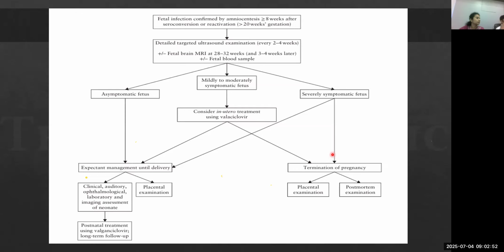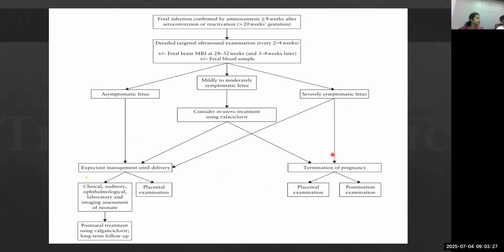This kind of patient we would hardly see, because we are not going to test on a routine basis maternal serology and then do an amnio for the fetus. But these are data from countries where they do routine maternal serology as a part of national screening program and escalate those who had a seroconversion during pregnancy for an amniocentesis. You will still find sensory neural hearing loss. Okay, so CMV is a little bit bad.